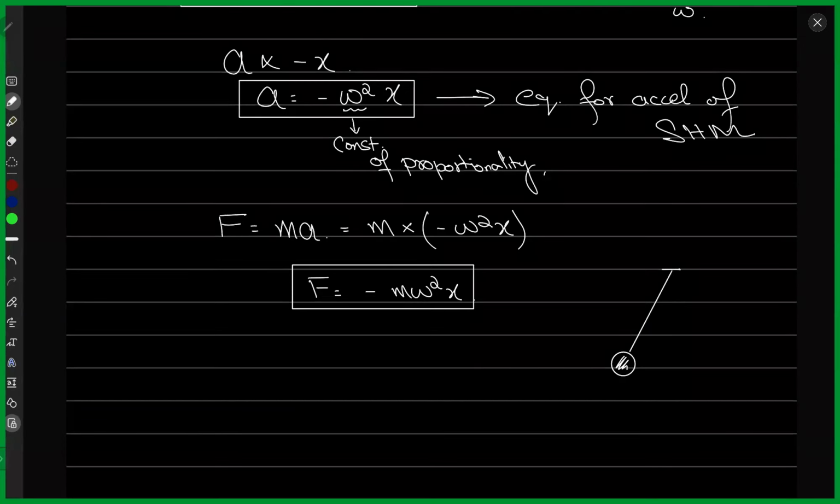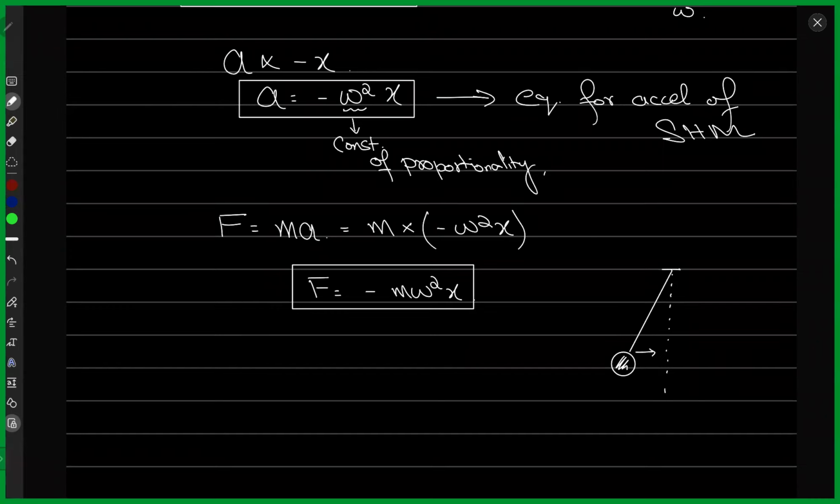And now the mean position is this vertical line for this pendulum to rest at. And the restoring force of this oscillation is directed towards the mean position, right?